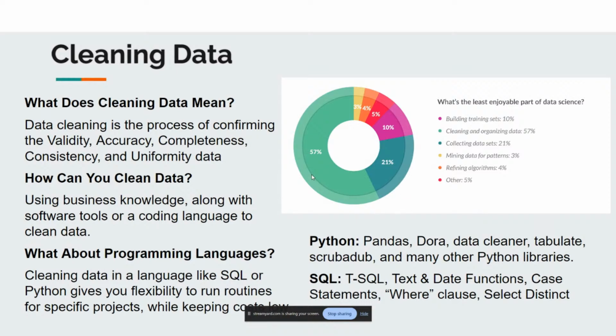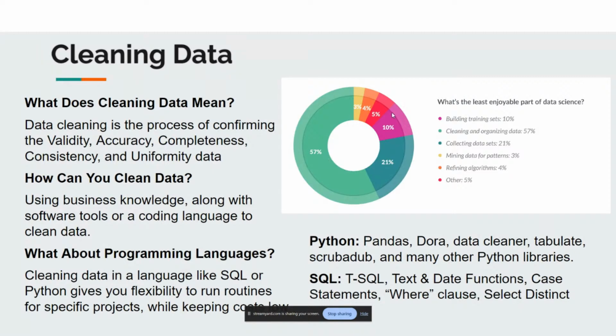It probably is really this combination of things. Like 78% say it's either collecting data sets and then cleaning and organizing data. These kind of go hand in hand. They often call those data wrangling. But definitely cleaning and organizing data is not the most exciting thing in the world, but it needs to be done for projects or making sure the data is accurate or the way you need it.